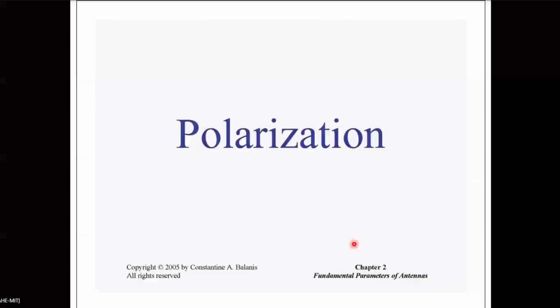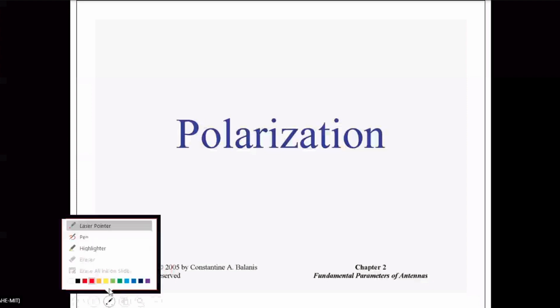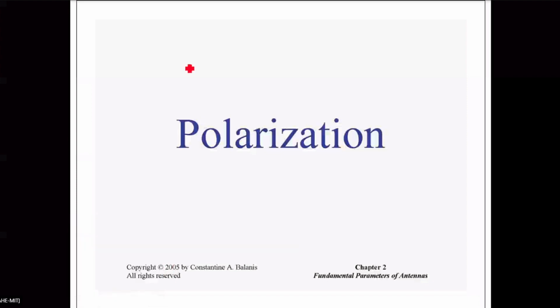Next, polarization. I'm not going to go into detail on polarization because you have studied it in EMW. Now, let us say we have a straight wire antenna like this.